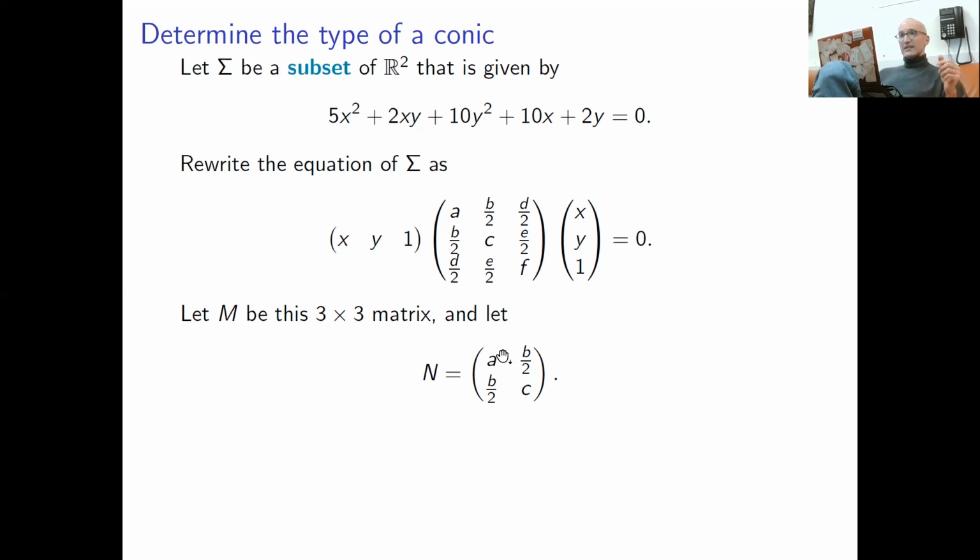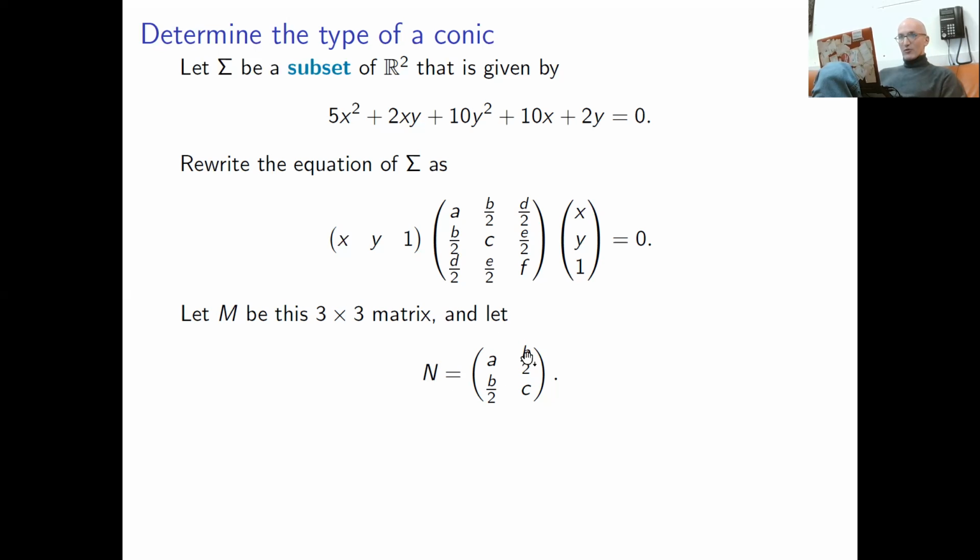Why? Because in this case the eigenvalues have the same sign, and the product of the eigenvalues is the determinant of this matrix N. So if the eigenvalues are of the same sign, it's very likely this is an ellipse. Of course, it can be a degenerate case, but if it's not degenerate, it's an ellipse.